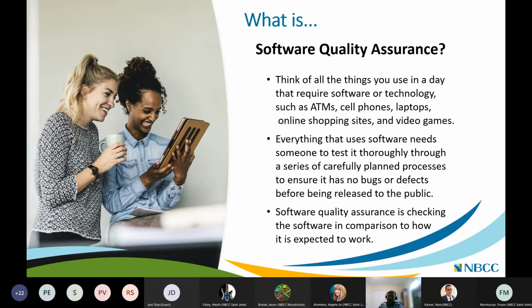So let's say someone just updated a software for an ATM and they just put it out without doing any quality assurance checking, what's going to happen? It suddenly started throwing out the cash. It's not going to be very good, right? Well, it's going to be good for the passersby. So we are here for checking out those types of scenarios. Next, please.